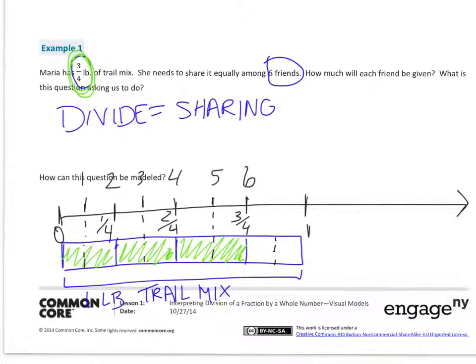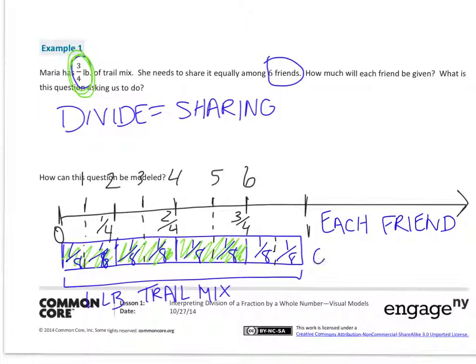So this piece here, 1/8, 1/8, 1/8, 1/8, 1/8, 1/8. So how much trail mix did each friend get? 1/8 pound. Each friend gets 1/8 pound.